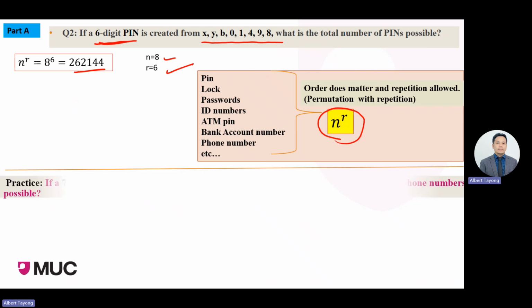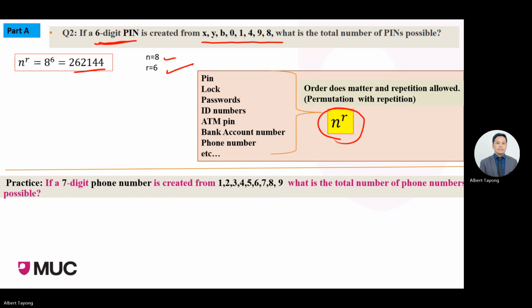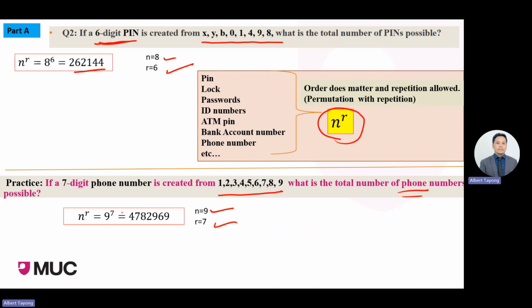Okay, so here, if a 7-digit phone number is created from 1 to 9, what is the total number of phone numbers that can be generated without the 0? So here our n is equal to 9, our r is equal to 7, so the answer is actually 4,782,969 possible outcomes.